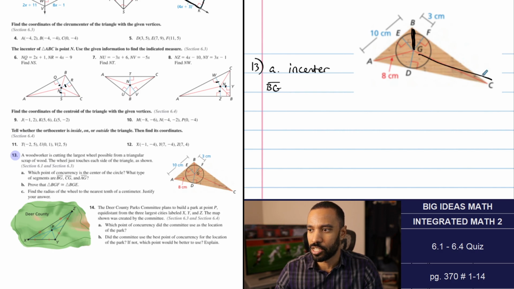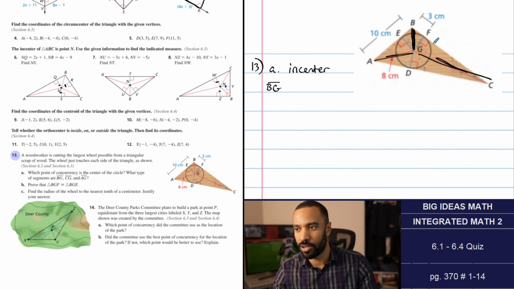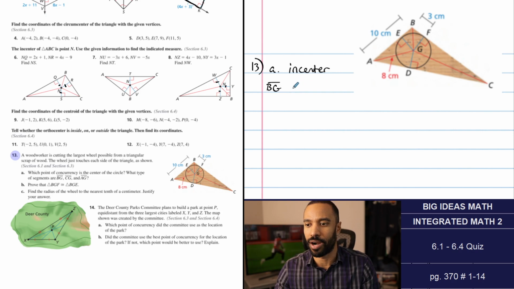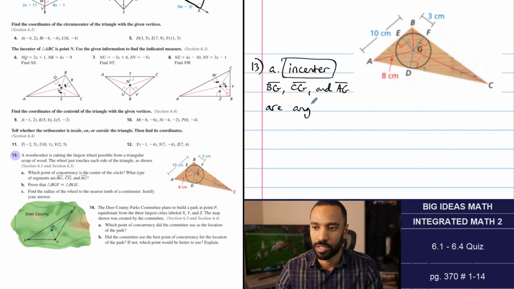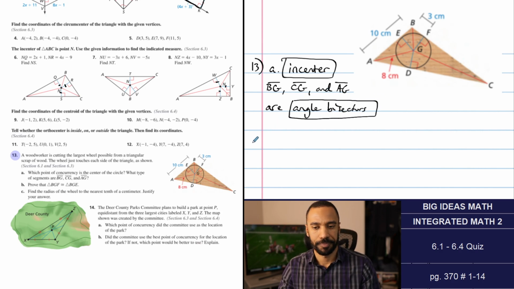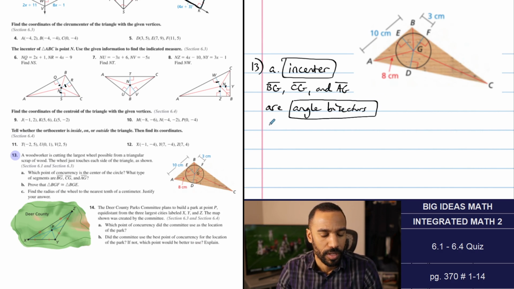To be an in-center, that is the point of concurrency of your angle bisectors. CG and AG are angle bisectors, which means it's dividing the angles into congruent parts. That works with part of that angle bisector theorem.